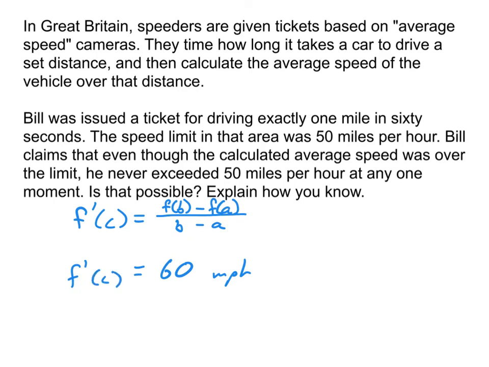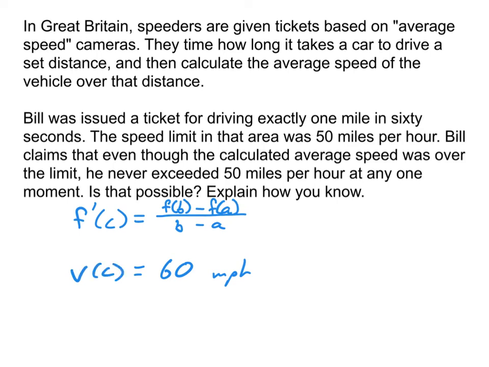Okay, well, what's the derivative? Well, notice that when we found that 60 miles per hour, we were using his position. We were basically looking at how his position changed over that mile. And so then, what's the derivative of position? Velocity.